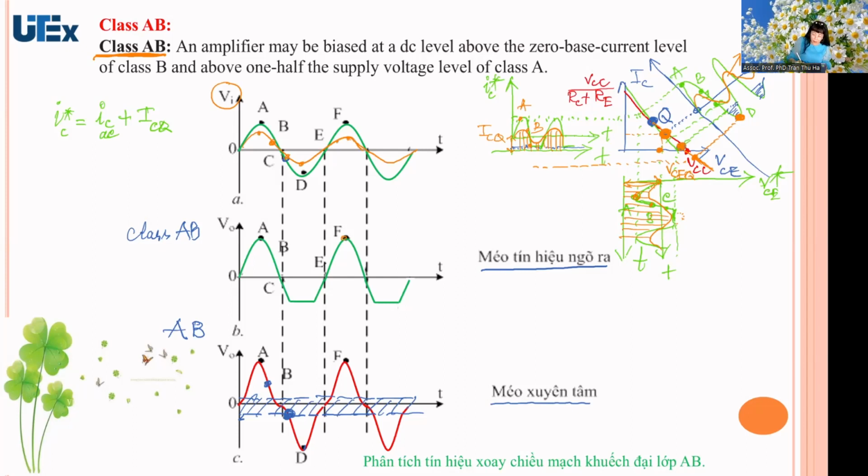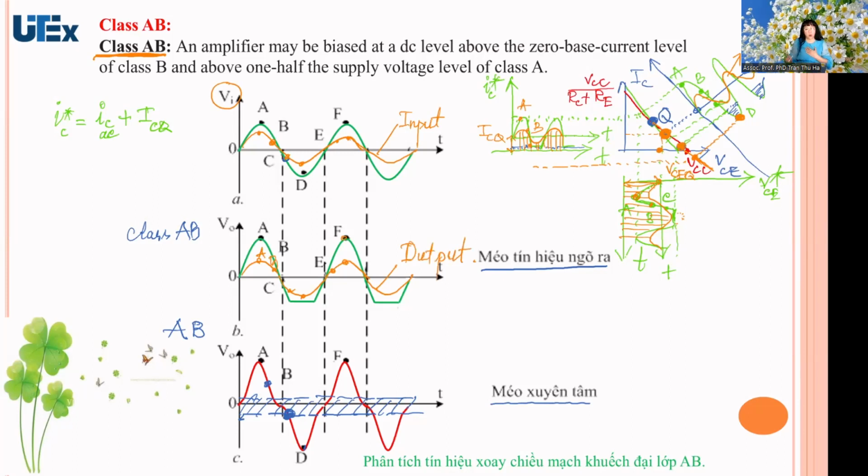And in the output, we receive the full A, B, C, D, E, F. For the red, this is input, the red color input, and the red color output signal.